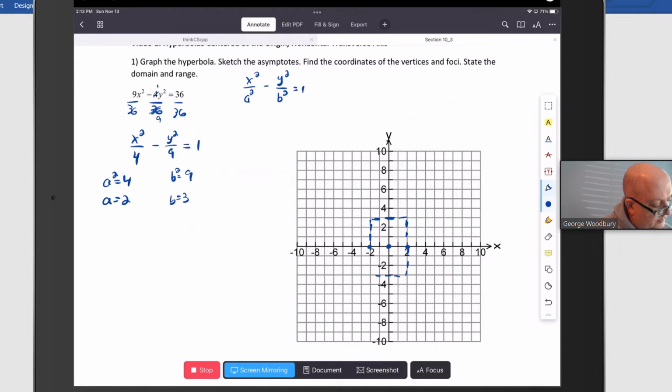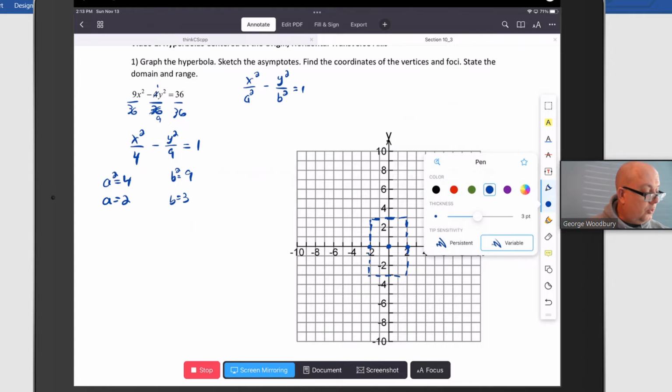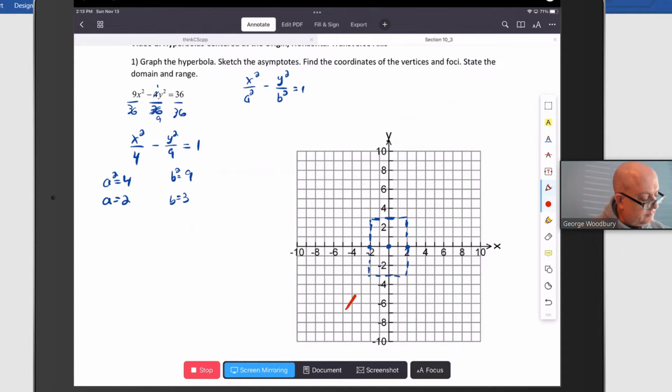What I know is that the asymptotes have to pass through the corners of that box as well as the center. So the first one goes like that. That is y equals 3/2 x.